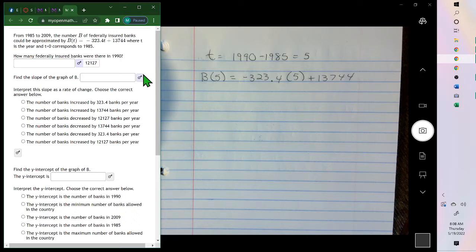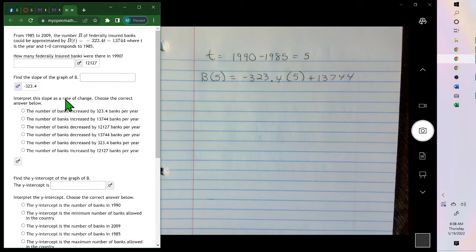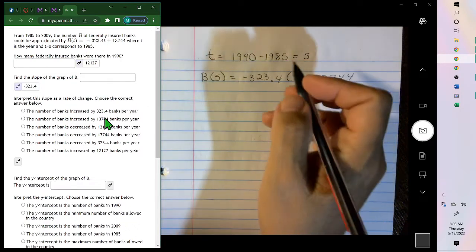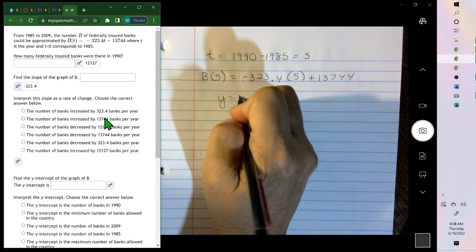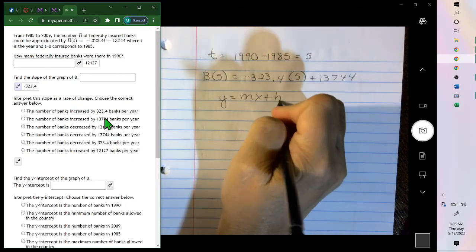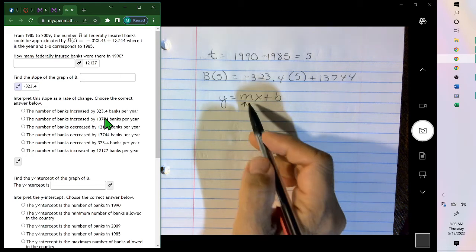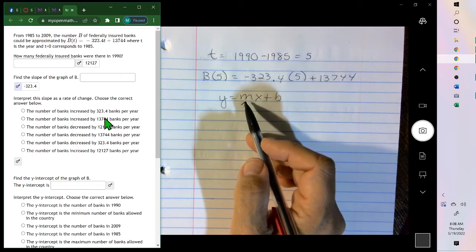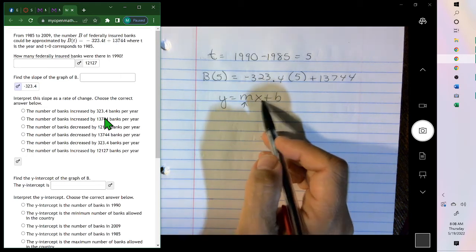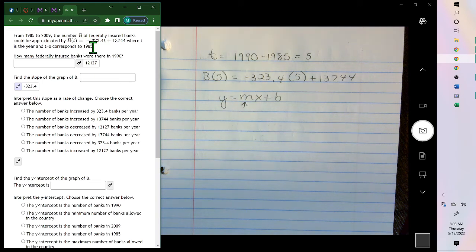The slope of the graph of B is just the part that is attached to your variable. So it's the negative 323.4.